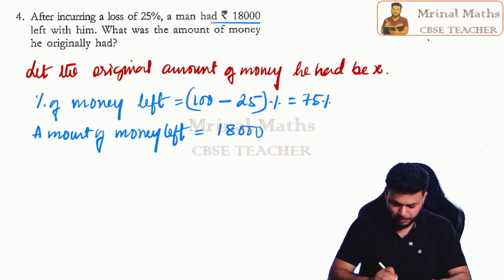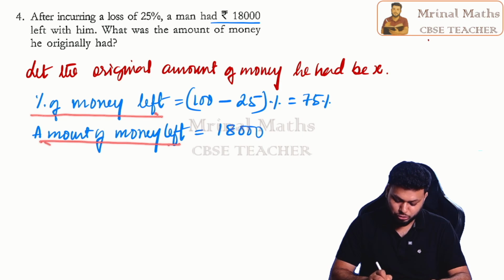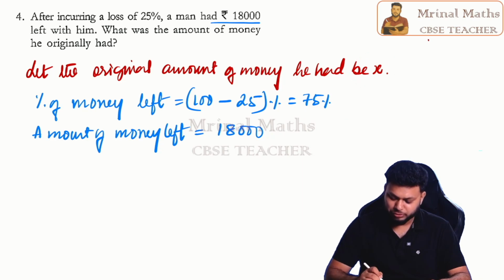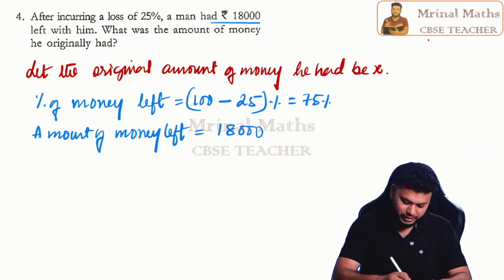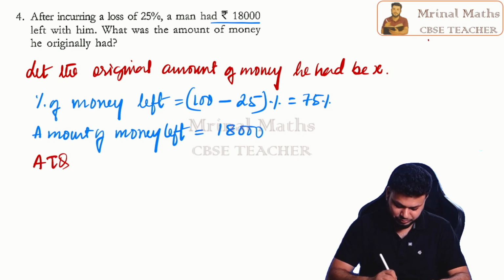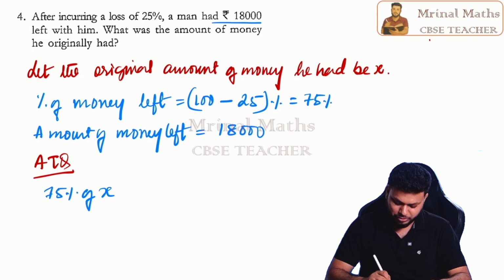One point is to be understood here. If you observe, percentage of money left, and here also I am writing amount of money left. So, both of them are equal to each other, but this 75% of the money is out of the total amount, which is X. So, according to the question, 75% of X, where X is the total amount.